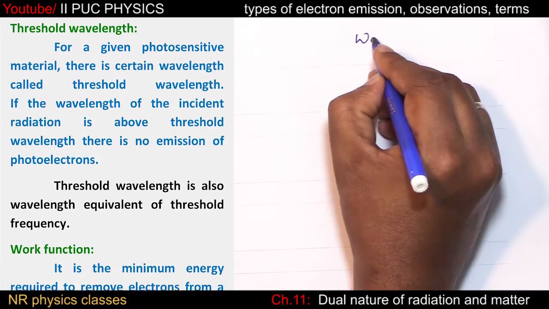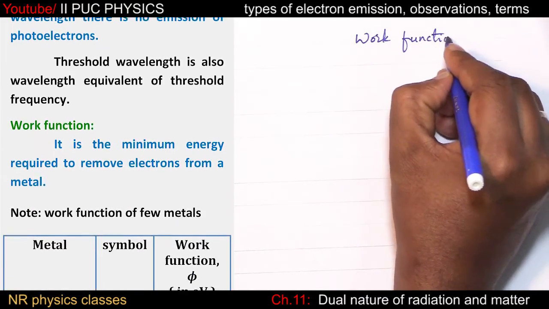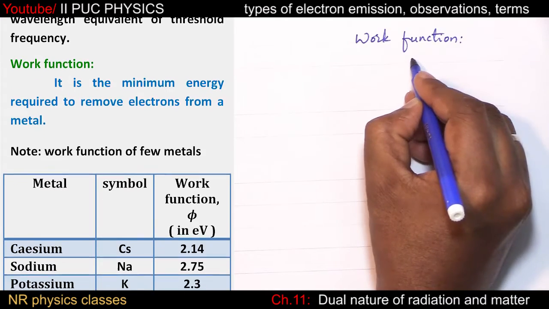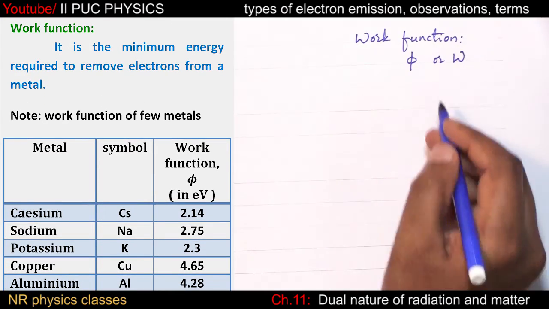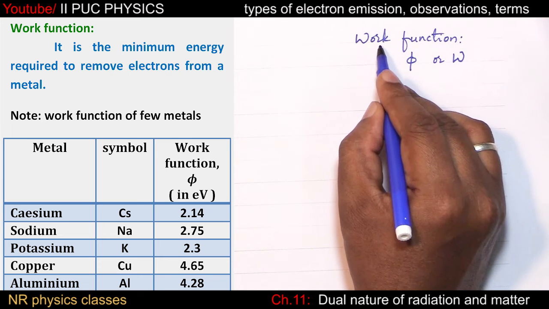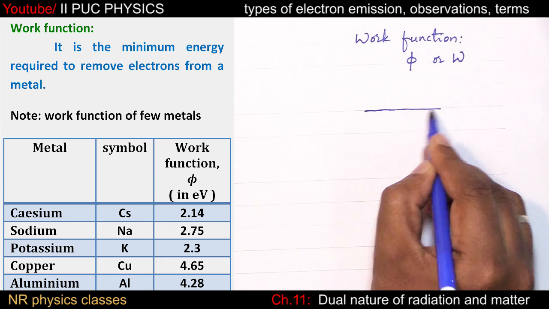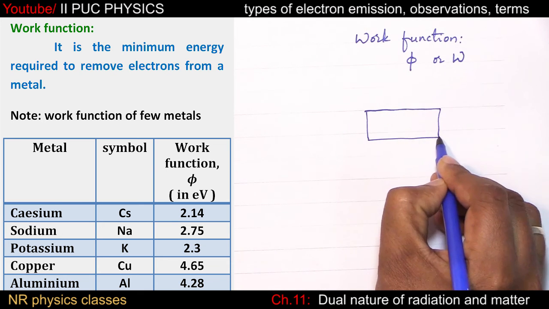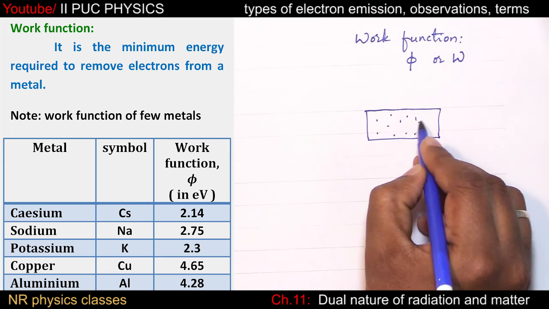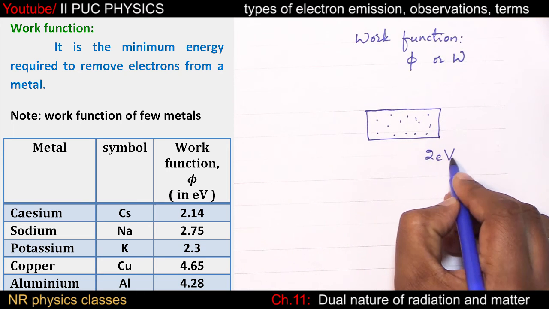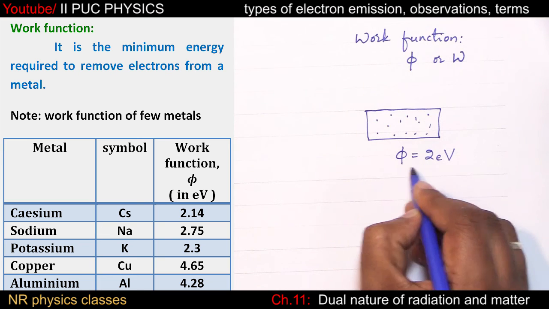Work function, denoted by phi or W. Work function is the minimum energy required to remove electrons. This is the metal. The minimum energy required to remove electrons is 2 eV, which means this minimum energy is called the work function.